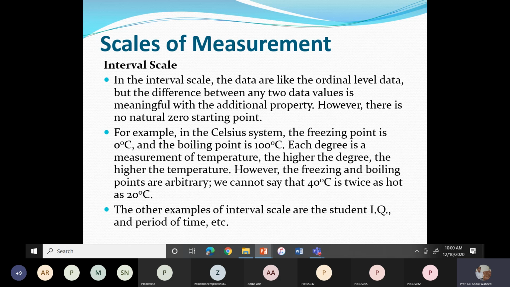So zero year doesn't mean that the world or universe started from that year. This is our assignment. Because we don't know the starting point of this universe, we have arbitrarily assigned this 0 year and then we are measuring.